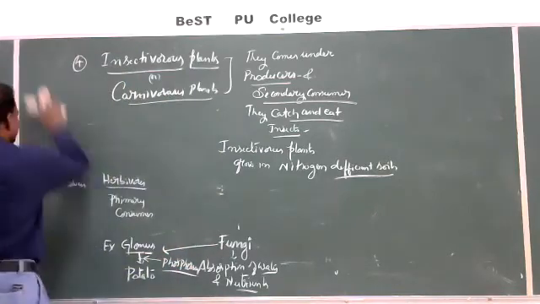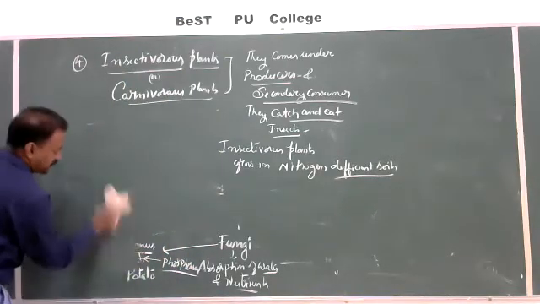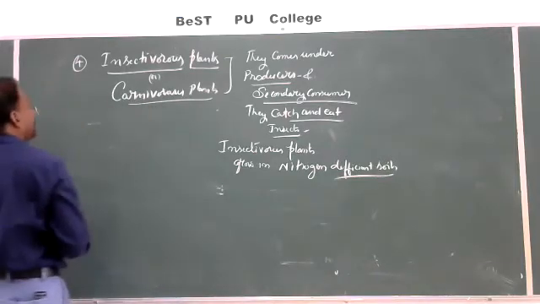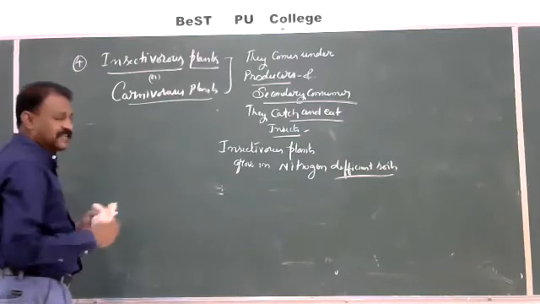Here the best examples they have given: pitcher plant, Venus flytrap, bladderwort, sundew.